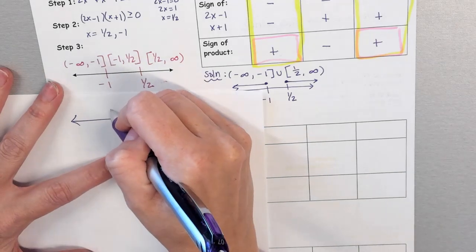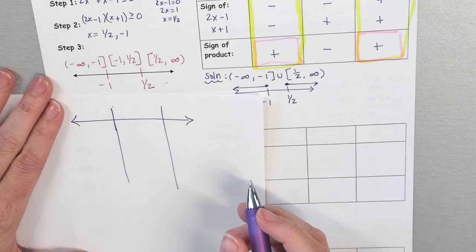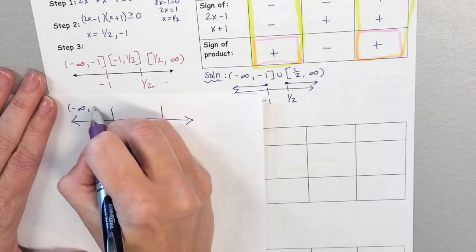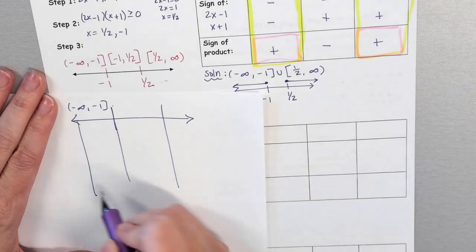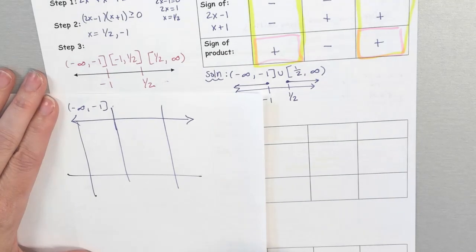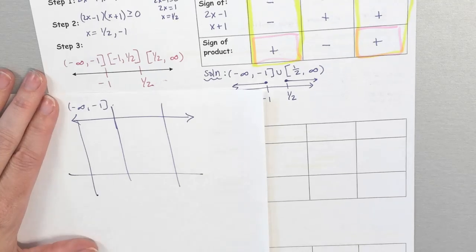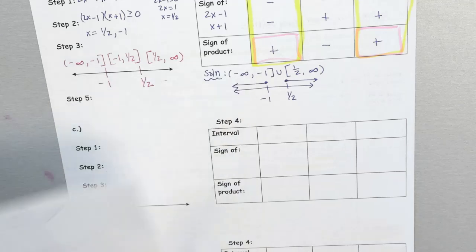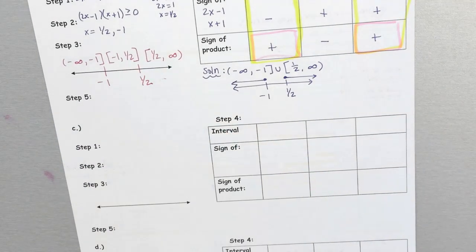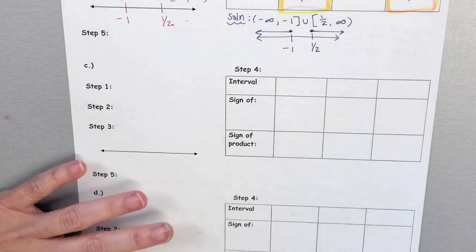What I do is I write the intervals here, and then I just make this into my table. Like negative infinity to negative 1, and then you can just do your table like that. It's not your solution, so you don't have to worry about putting that in there. Your official solution will happen after.